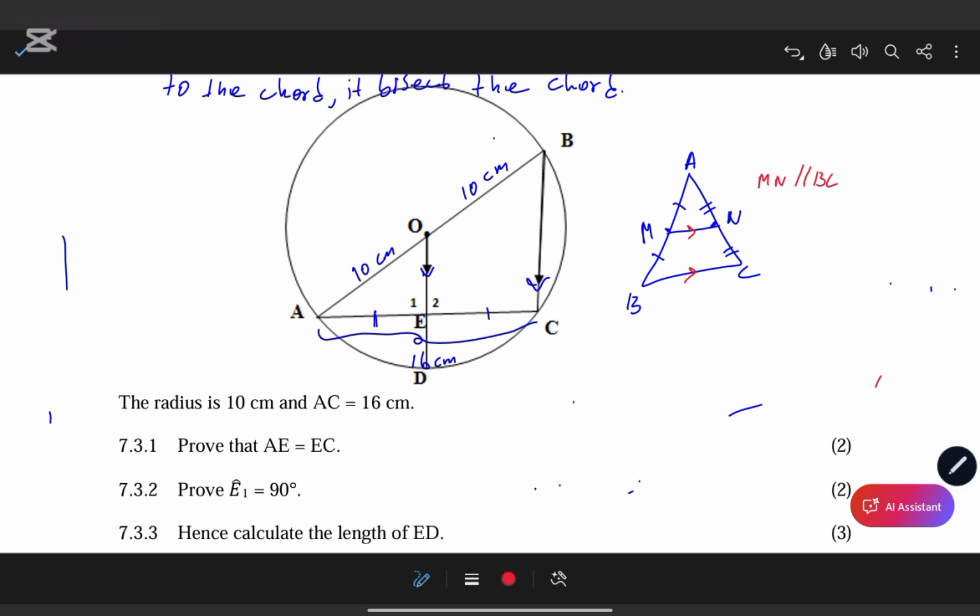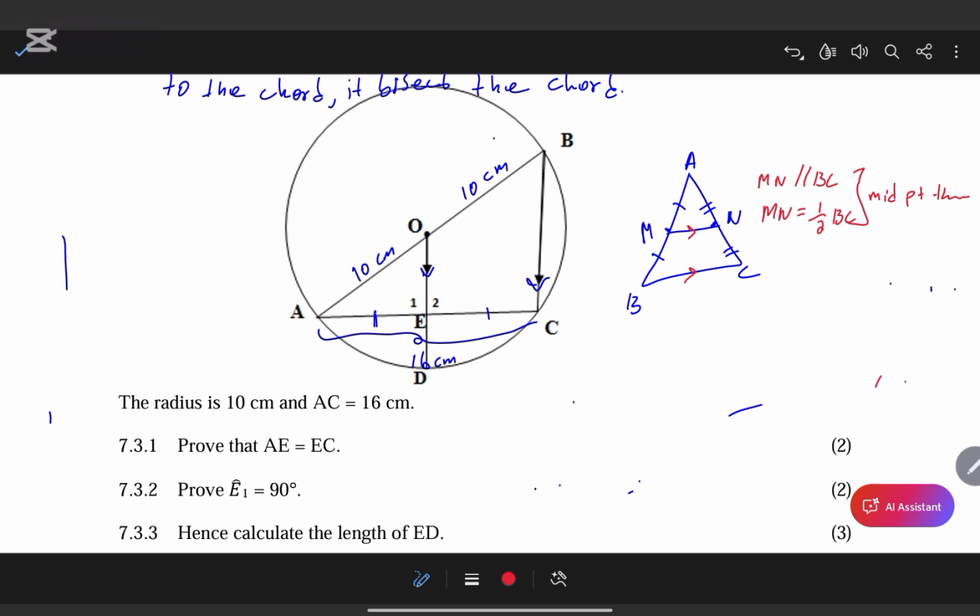And therefore, it further says that the length of MN is equal to half of the length of BC.